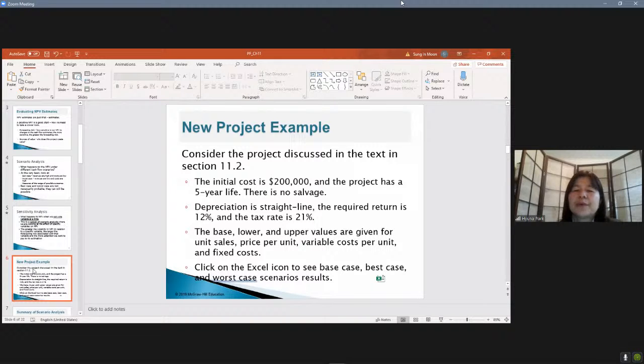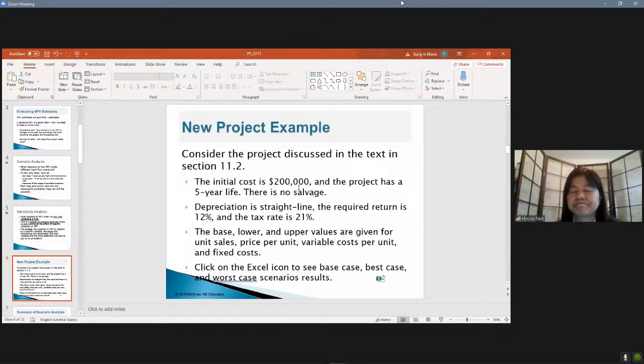So we are looking at a project that has an initial cost of $200,000. The project has a 5-year life, and there is no salvage. That means at the end of the 5-year project, there will be no remaining sellable, marketable used equipment or anything, so salvage value will not be there.